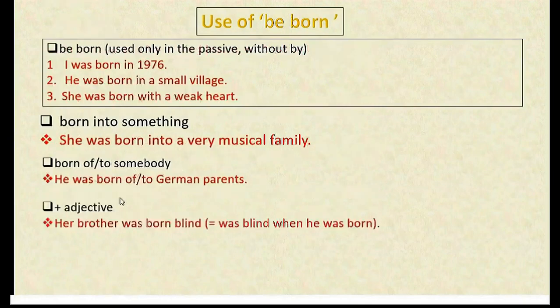Be born plus adjective, another structure we get here. And the example is her brother was born blind. This means her brother was blind when he was born.